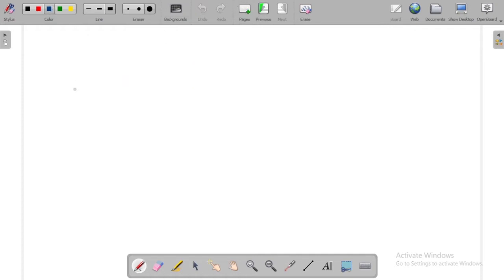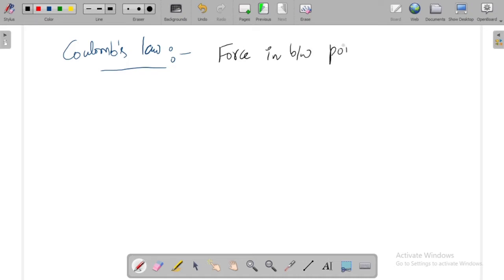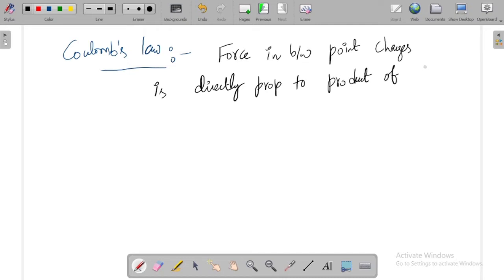Now we will see some more details about Coulomb's law. What is the statement of Coulomb's law? The statement goes like this: the force between any 2 point charges is directly proportional to the product of the two charges and inversely proportional to the square of the distance between them.